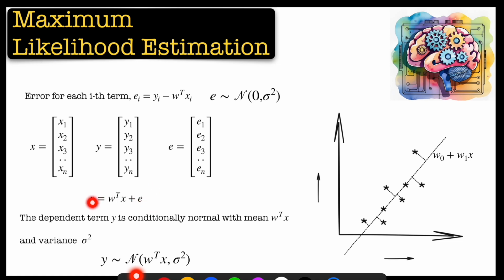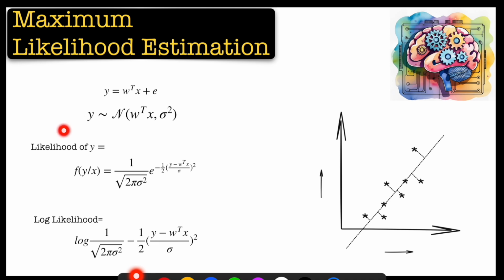The actual output equals the predicted output plus the error. This e is coming from this normal or Gaussian distribution, so y is dependent on e. The dependent term y is conditionally normal with mean w transpose x and variance sigma square. The variance will remain the same. So this actual output y is coming from this Gaussian distribution with mean w transpose x and variance sigma square.